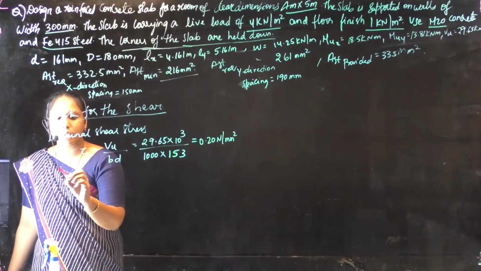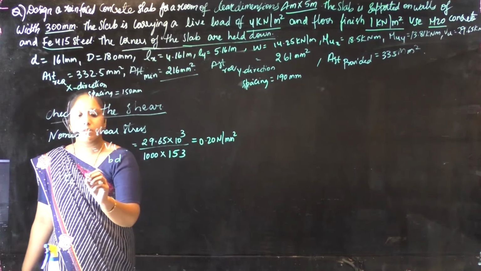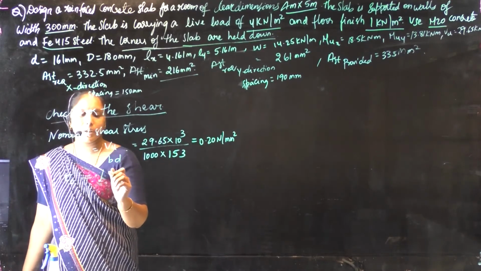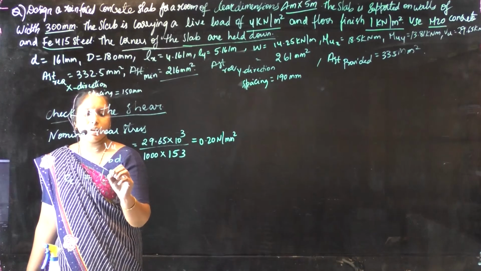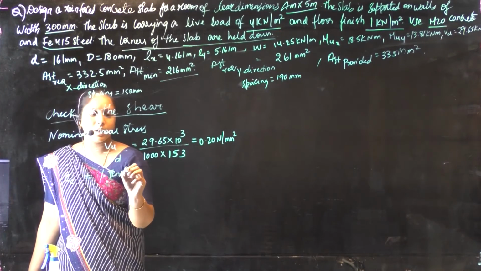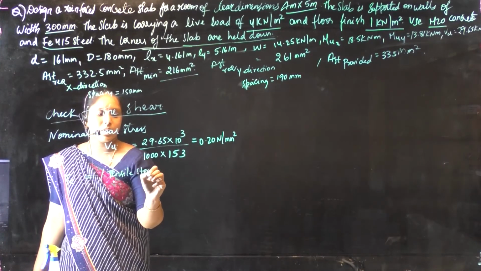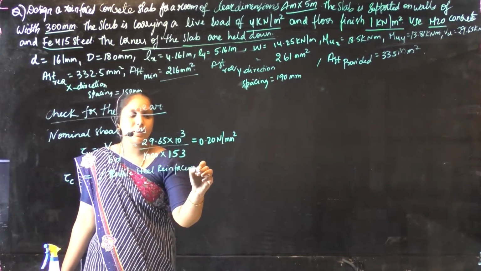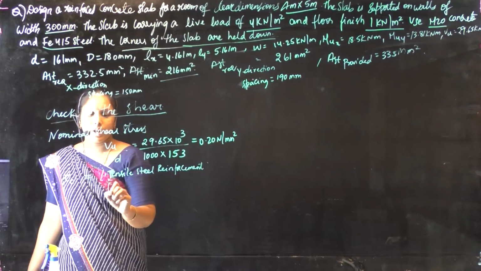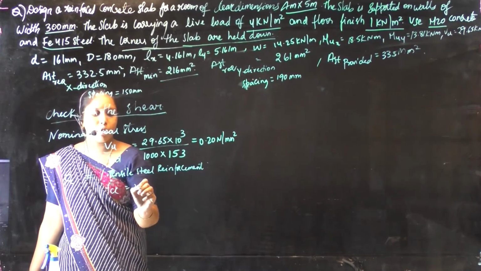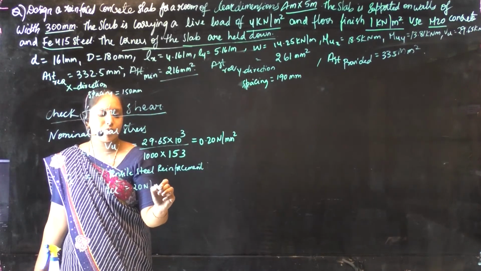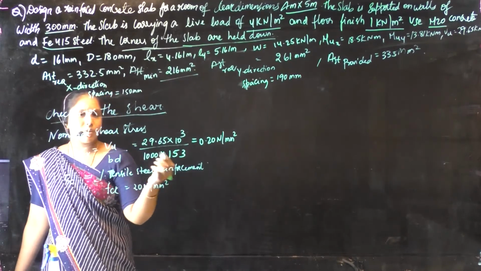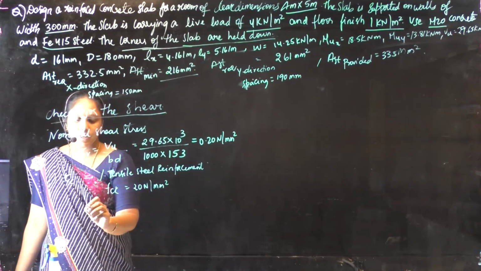So next we have to calculate the tau c. Tau c will depend upon the percentage of tensile steel reinforcement as well as the grade of concrete. The grade of concrete is 20 Newton per mm square, which we know. But first we have to find out the percentage of tensile steel reinforcement.